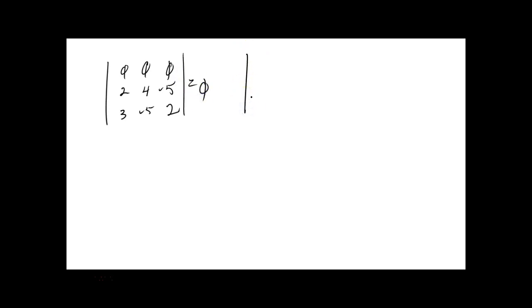Okay, how about this one? Determinant of 1, negative 2, 4, 0, 1, 2, and 1, negative 2, 4. What's that determinant? Zero. For about 3 or 4 reasons, okay? Number 1 is these 2 rows are identical.